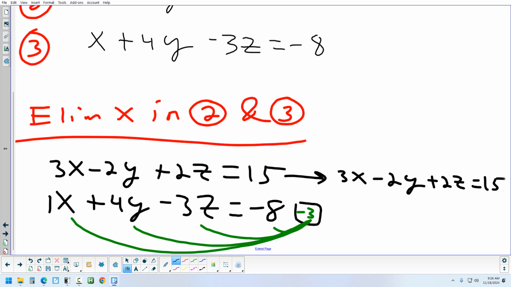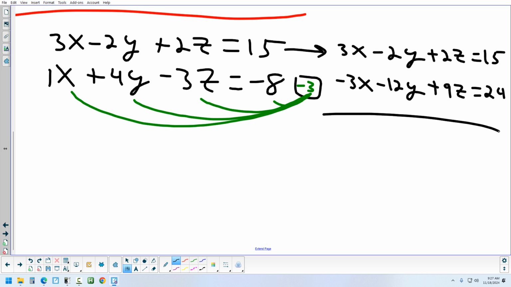And what's my new equation for the bottom going to be? -3x, yep, minus 12y, plus 9z, yep, equals 24. This is all it's going to be for the whole problem. So it's just doing this like 4 or 5 times. But that's why it takes longer.